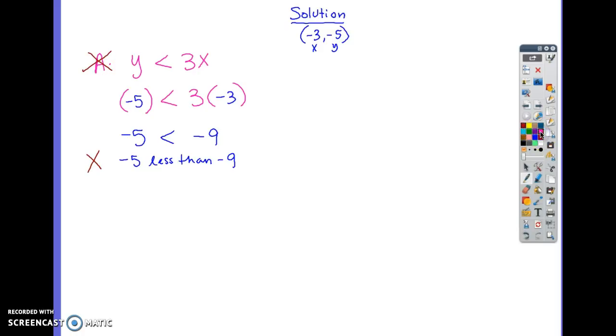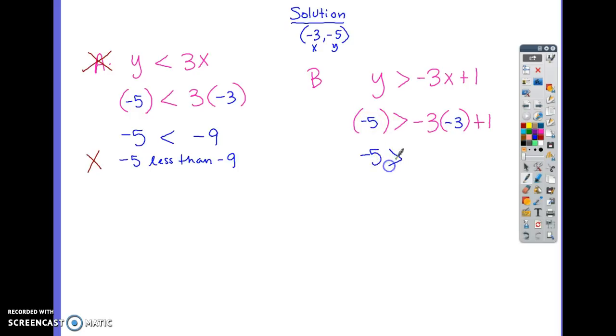Let's try B. B says y greater than -3x plus 1. We're going to put parentheses around the y and parentheses around the x. And we're going to plug in our numbers. So remember, my y is -5. My x is -3. Okay, so this stays -5 greater than. You can put this whole thing in the calculator and see what it gives you.